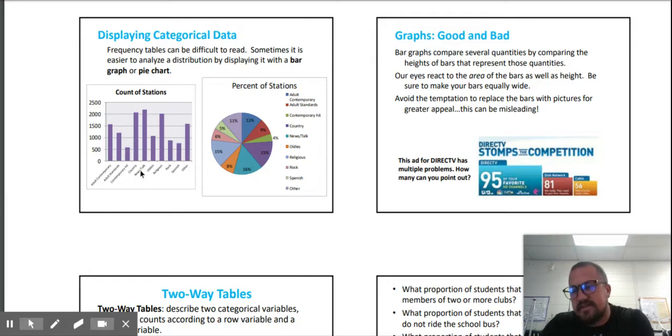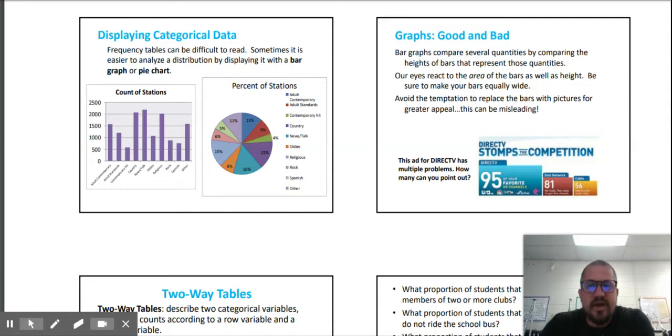The horizontal axis is labeled with the different types of music. And then the vertical axis is labeled with how many stations play that type of music. And so it's a lot easier to see that country and news talk is at the highest and that contemporary hit is towards the bottom, and Spanish and rock from looking at the bar graph.